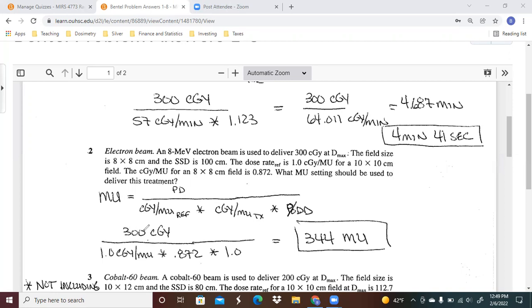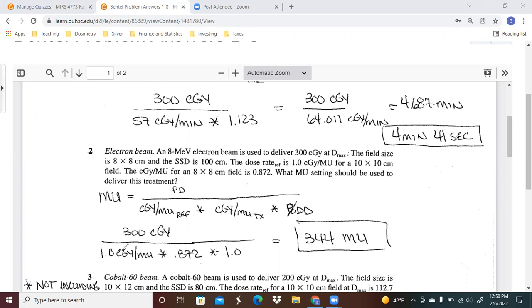So here we have 300, delivered at Dmax. We have 1 centigrade per monitor unit at our reference, and the centigrade per MU for an 8x8 field is going to be 0.872. PDD, since we're looking at a treatment depth of pretty much maximum, is going to be 1.0.